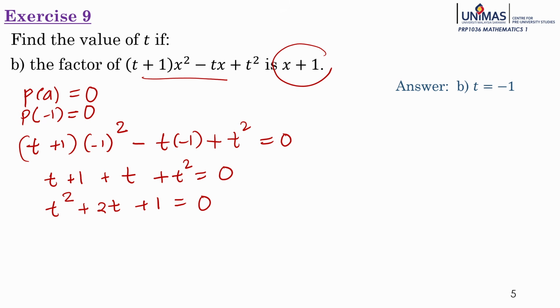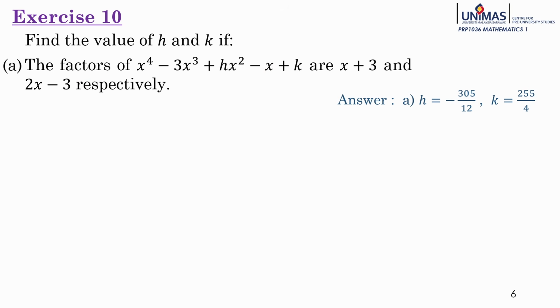We can solve the quadratic by factorizing. We get (t plus 1)(t plus 1) equal to 0. So the final answer is t equals negative 1.